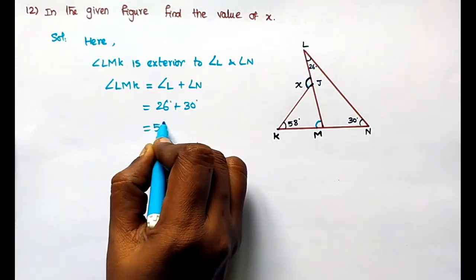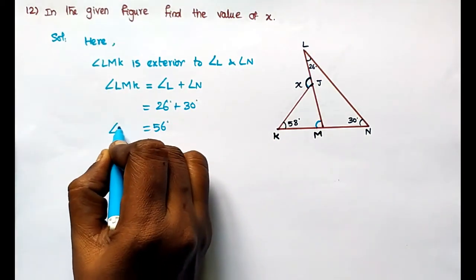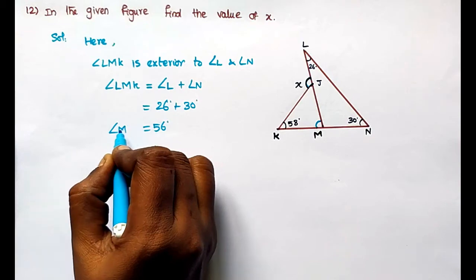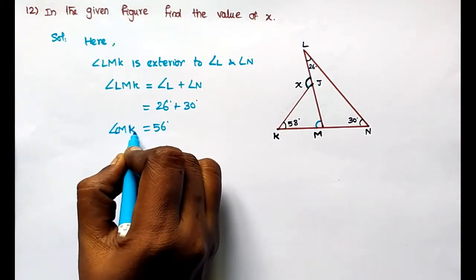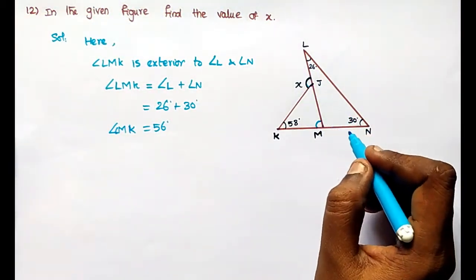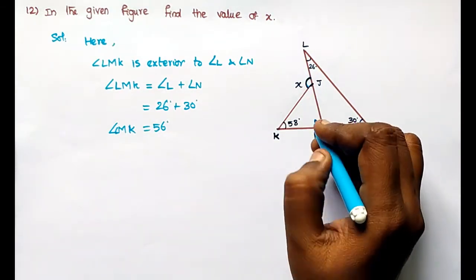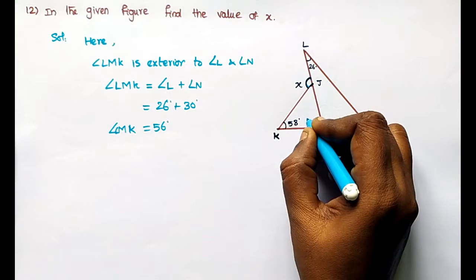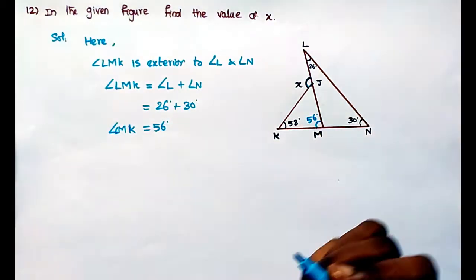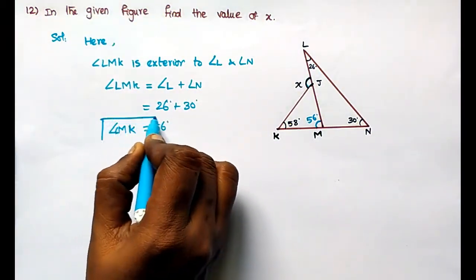So 56 degrees. Angle LMK is 56 degrees. We found it.